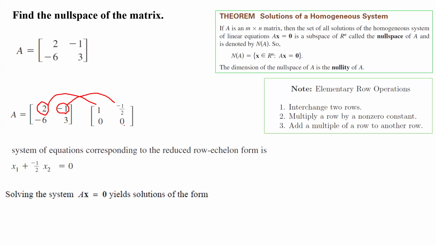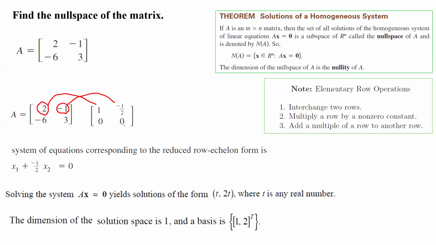So solving the system, AX equal to 0 yields the following solution by setting X1 equals to T and X2 becomes 2T, and T is any real value. What's the meaning of that? It means that the dimension of the solution space is 1, and the basis is the vector (1, 2).